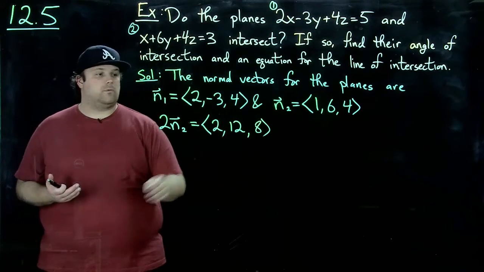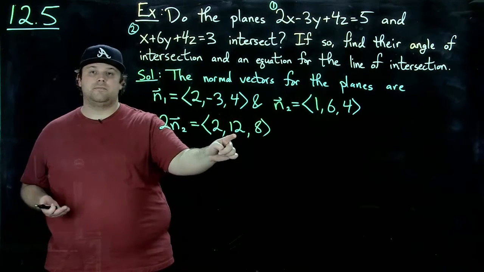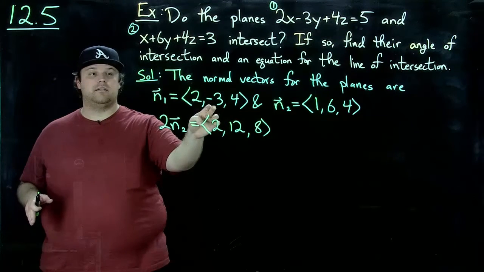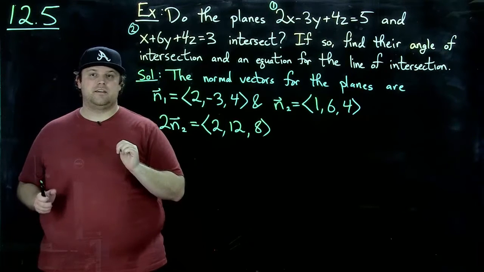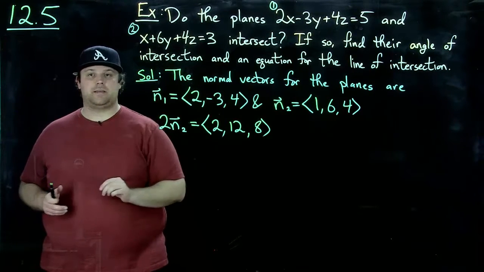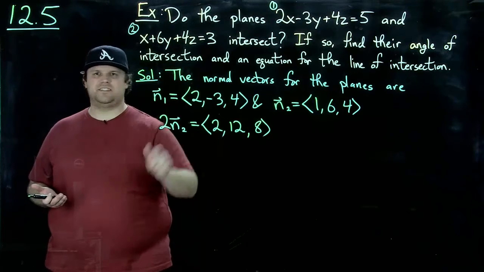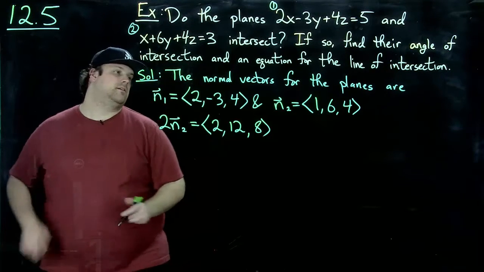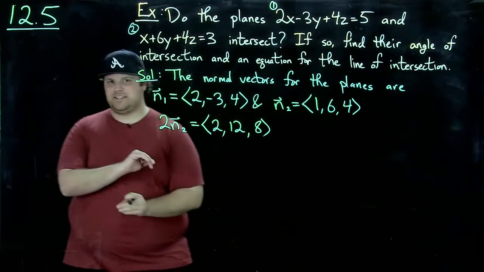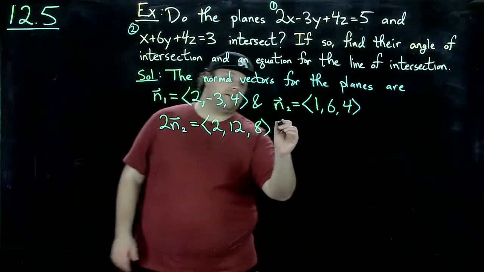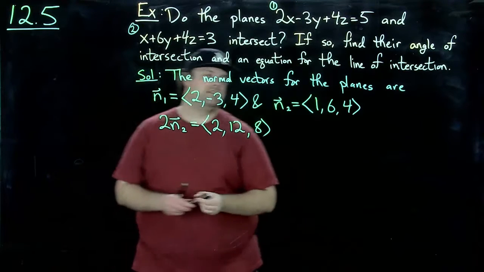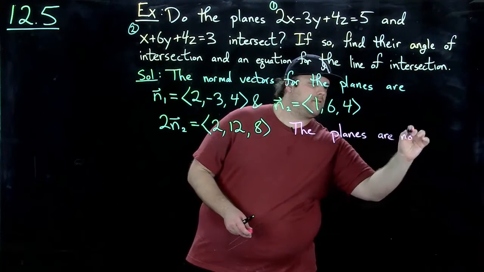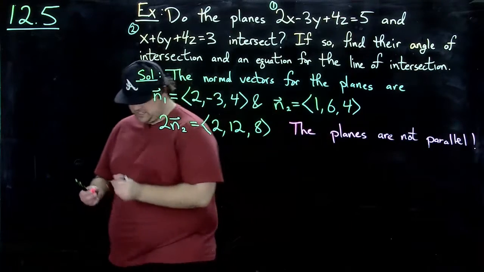Once we knew that this was 12, it was already done, because this would have to be a minus 3 for 2n2 to be equal to n1. But of course 12 is not minus 3, so they're not parallel. So the conclusion is the planes are not parallel.